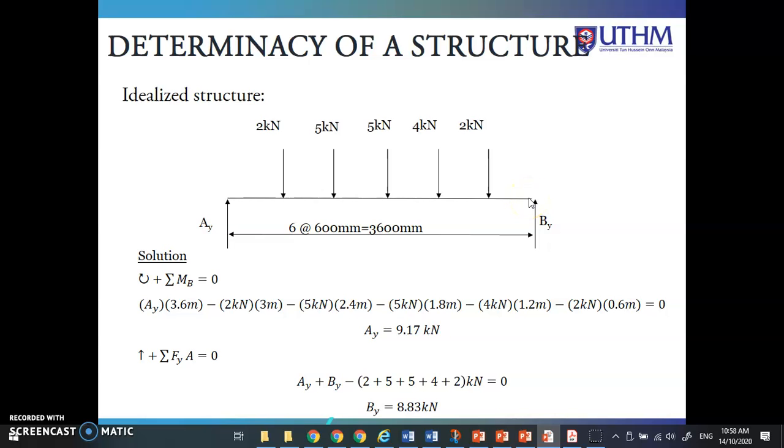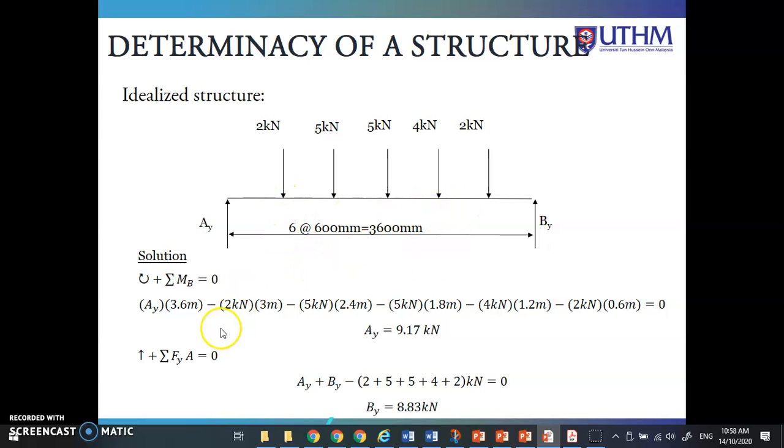Okay, so kat sini bila dikata take moment at B is equal to 0, dan positif mengikut arah jam. Okay, so Ay times dengan dia punya distance 3.6. Then Ay ni ikut arah jam, tapi load yang lain ini, external load ini adalah melawan, anti-clockwise.